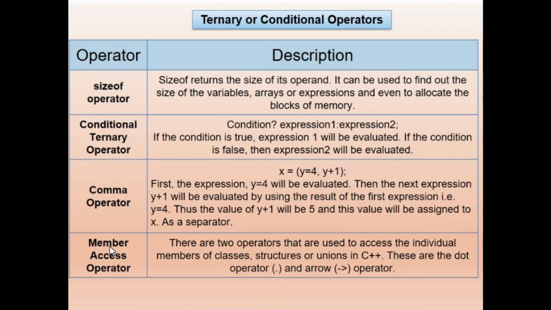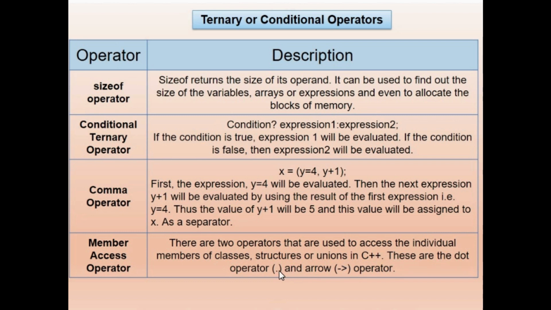Next operator is member access operator. This particular operator we will utilize when we are dealing with functions or classes, where you want to access the members from the main class to the subclass. At that time we use these operators. These are two operators that are used for accessing the individual members of a class, structure or union in C++.